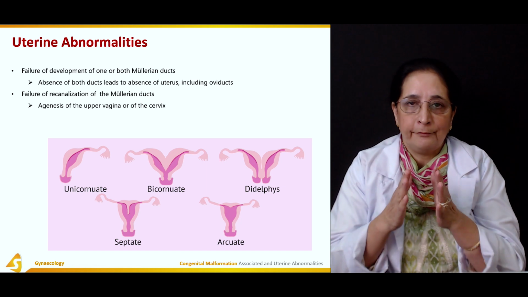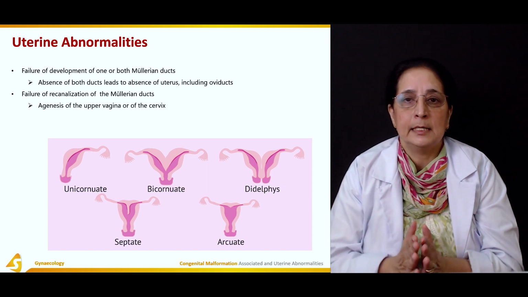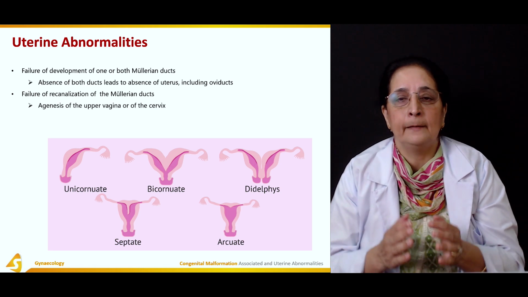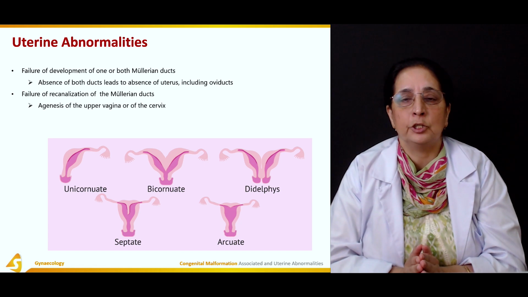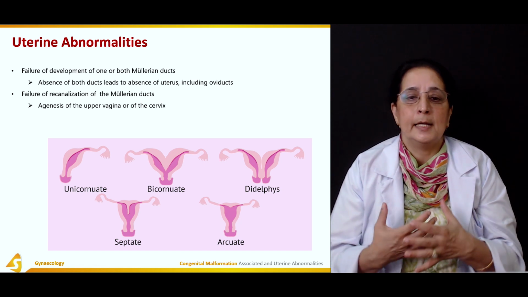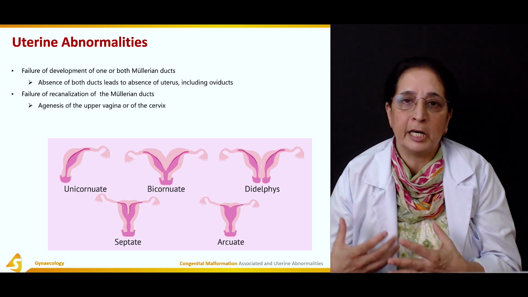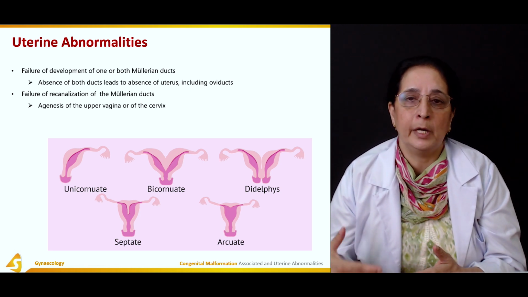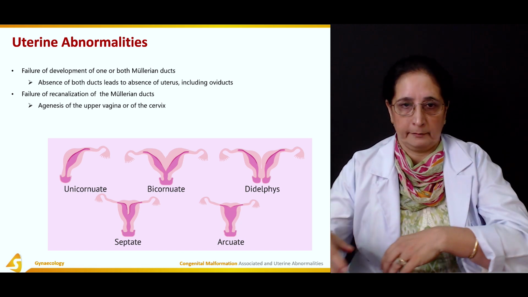If there is failure of recanalization of the Mullerian duct, there is partial agenesis, leading to agenesis of the upper vagina or the cervix.